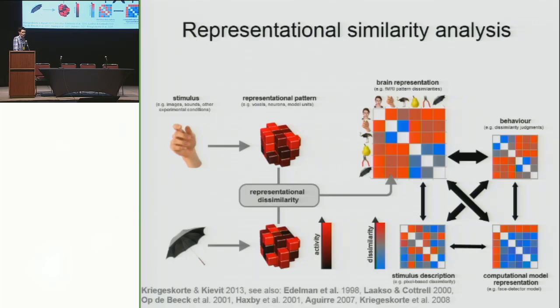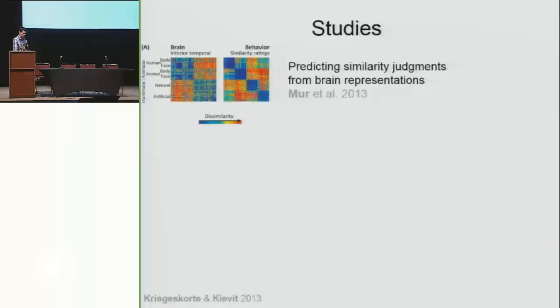All of these comparisons are very difficult when you don't know how the voxels within the region of one person map onto the voxels in another person's brain. So we're kind of sidestepping this problem of defining the correspondency by just looking at the representational dissimilarities. So we call these matrices representational dissimilarity matrices.